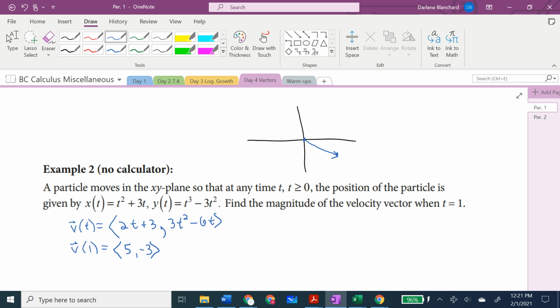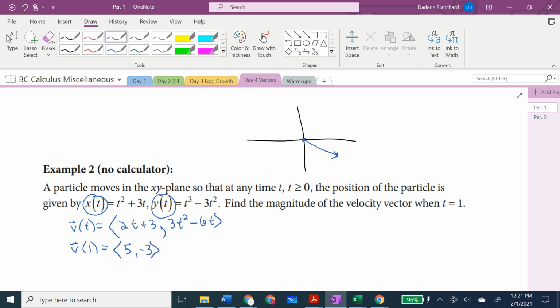If I were to actually look at the location at time 1, I could put my initial point at the actual position x of 1 comma y of 1, and then draw the vector from there 5 units right, 3 units down. But you're just being asked to find the magnitude of this vector, so we don't need to go that far.